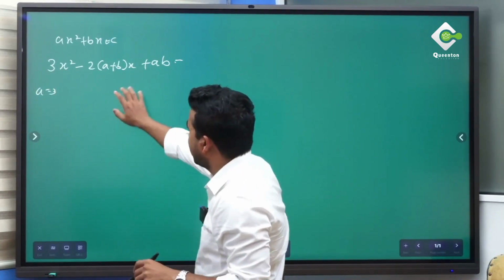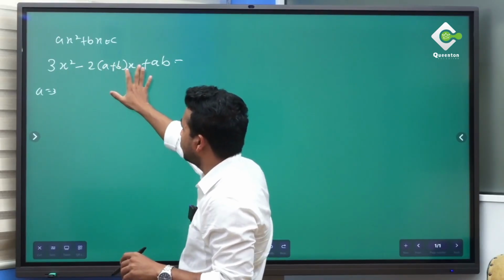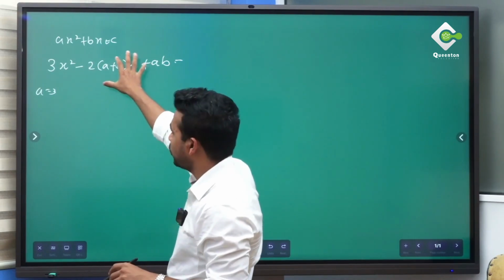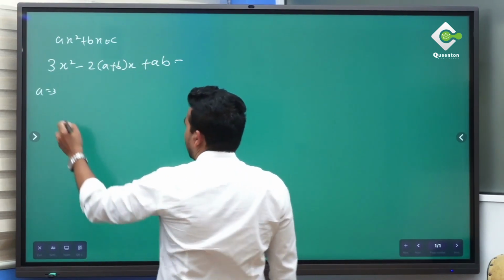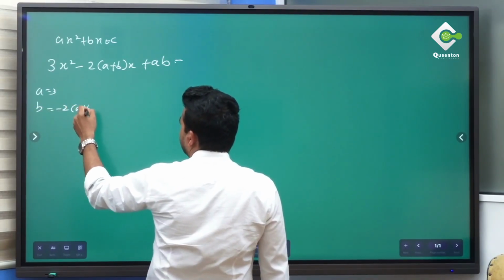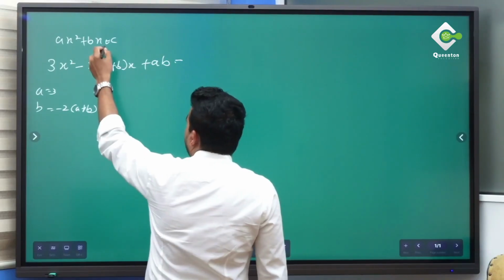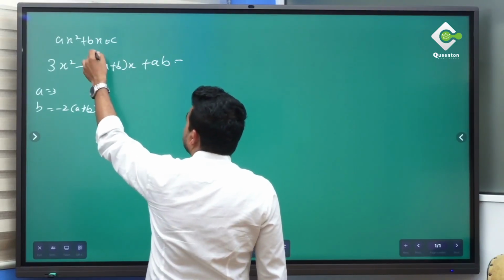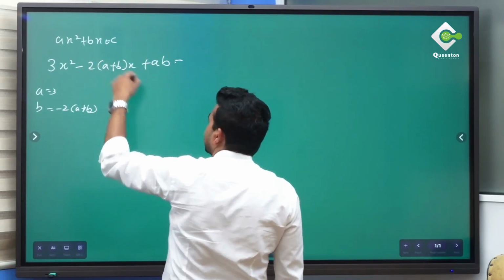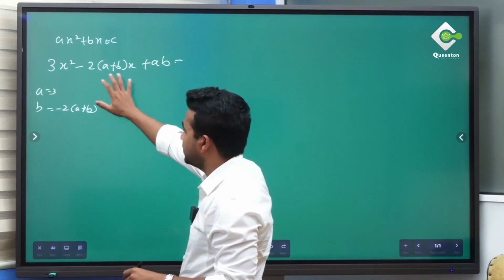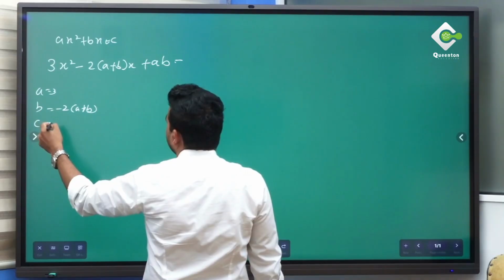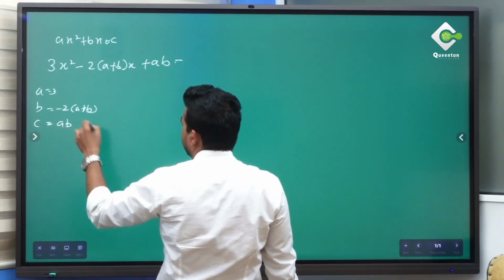Then for the x terms, we can straight away write b equals minus (2a plus b), the coefficient before the x in the middle term. Okay, c would be ab.